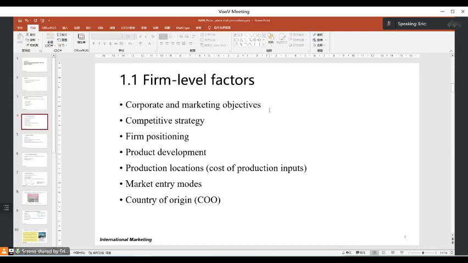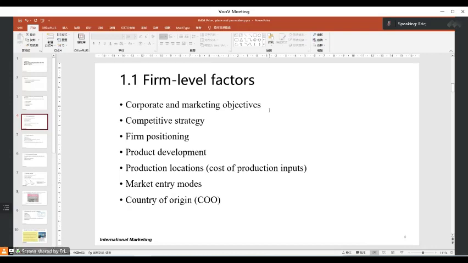If the objective is to get more market size, a low price will be good. But if we want to get profits in a short time, you can set a higher price than the ordinary one. So it depends on the objectives.